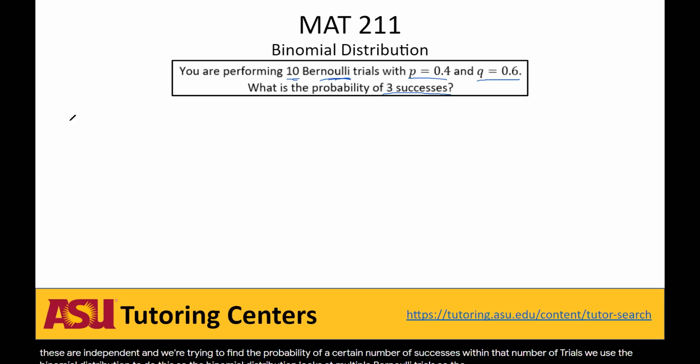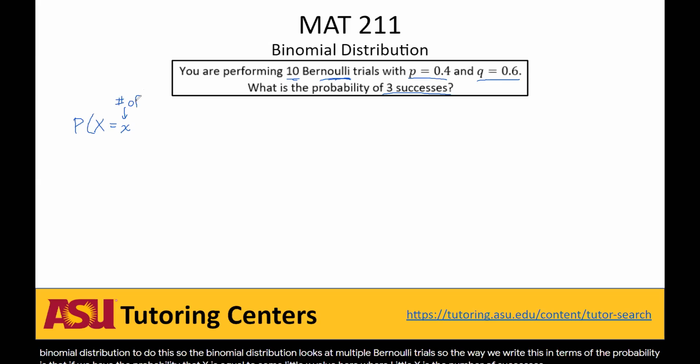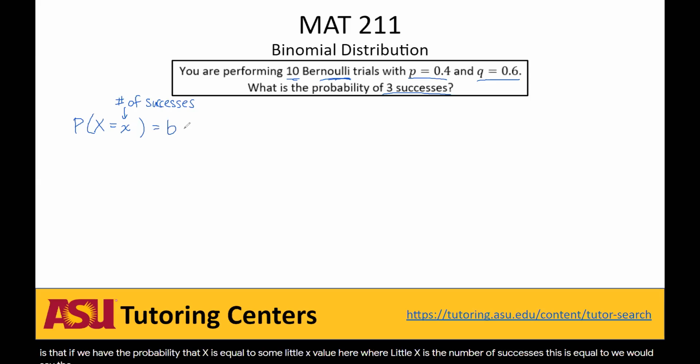The way we write this in terms of probability is that the probability that x is equal to some little x value, where little x is the number of successes, is equal to the binomial distribution.